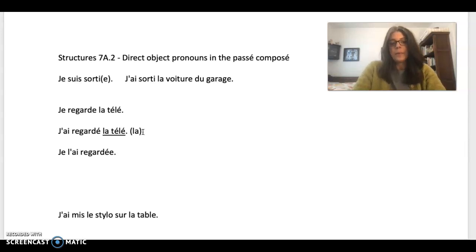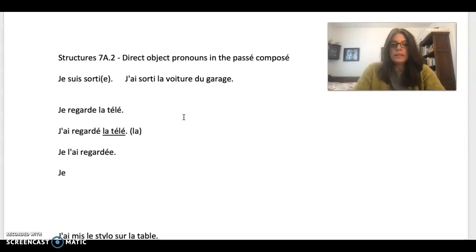And if you messed this up while you were speaking, it's not a big deal. It's not going to affect the person's ability to understand what you're saying. You're just going to sound like you're not a native French speaker. It's totally okay. You do want to know to do this for the activities in the test so you don't get marked wrong. But it's one of those things you just learn as you go. It's okay if you mess it up.